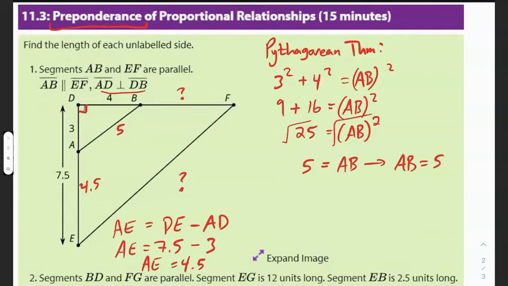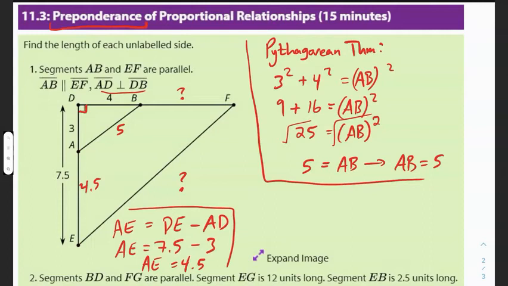All right. Now how do we find these? Well, I'm starting to feel like, hey, can we still use scale factors? Isn't this still a dilation? You know what I mean? Like, A was originally 3, but now it's 7.5 when it turns into E after it dilates, right? So let's apply that idea. Scale factors. We have 3 for AD times some scale factor, and that gives us 7.5, right?